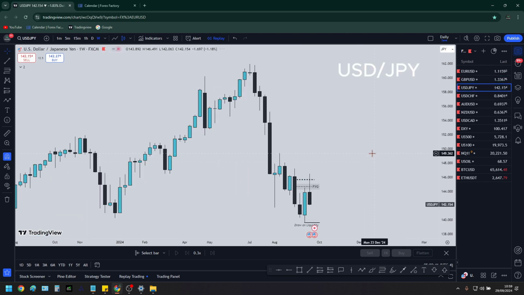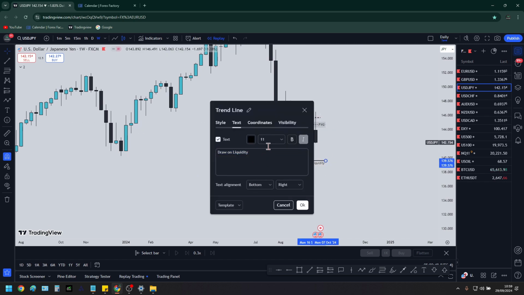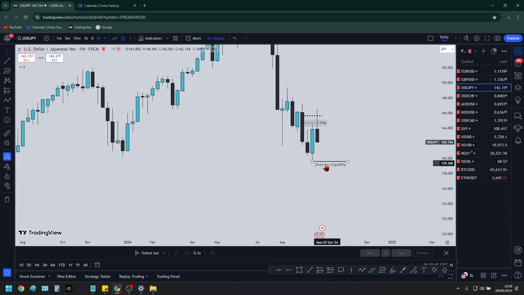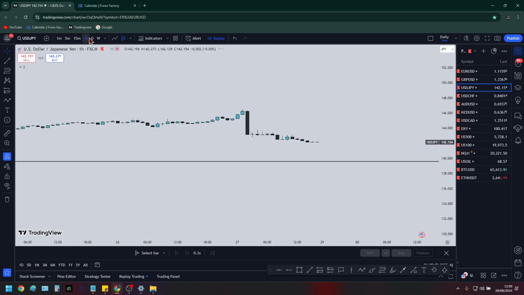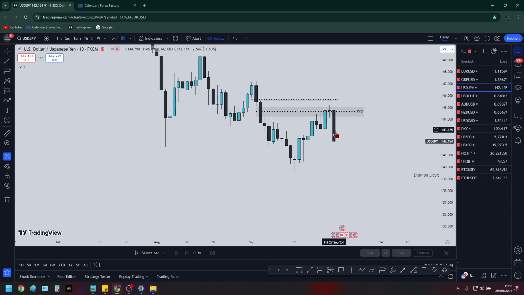USD JPY, still on target. Drawn liquidity here. I don't know if you guys can see if you're using mobile phones, but I hope you do. Drawn liquidity, meaning that's where I think price is going. We're tapping on a daily fair value gap here. Pretty great reaction, right?